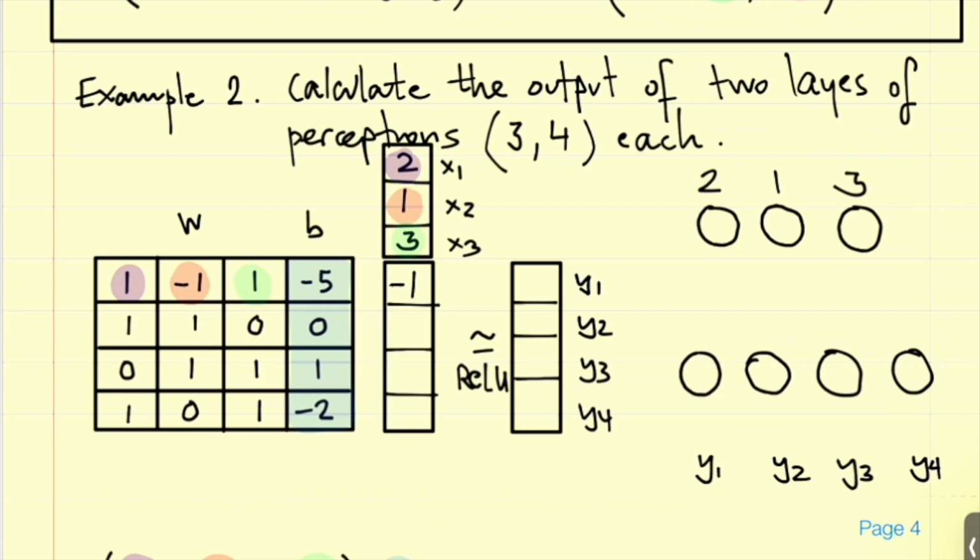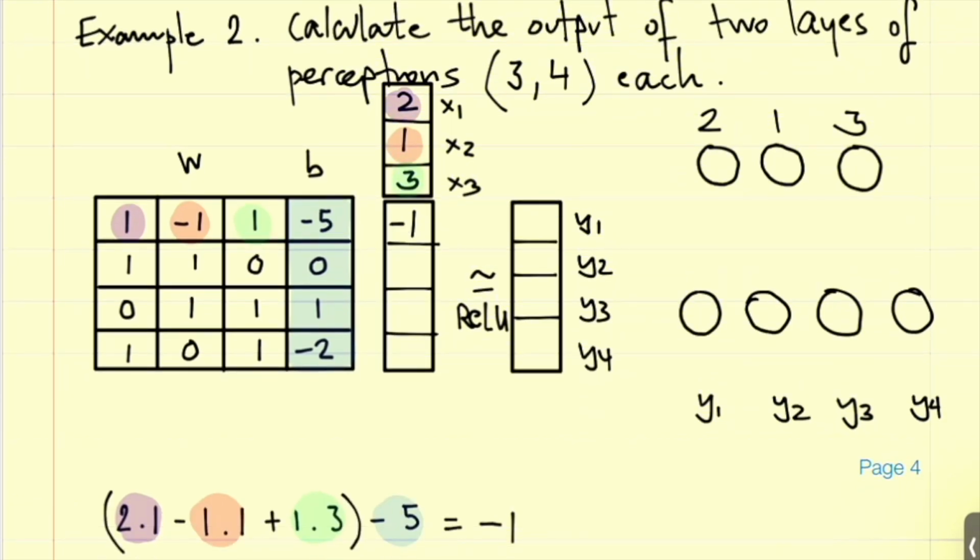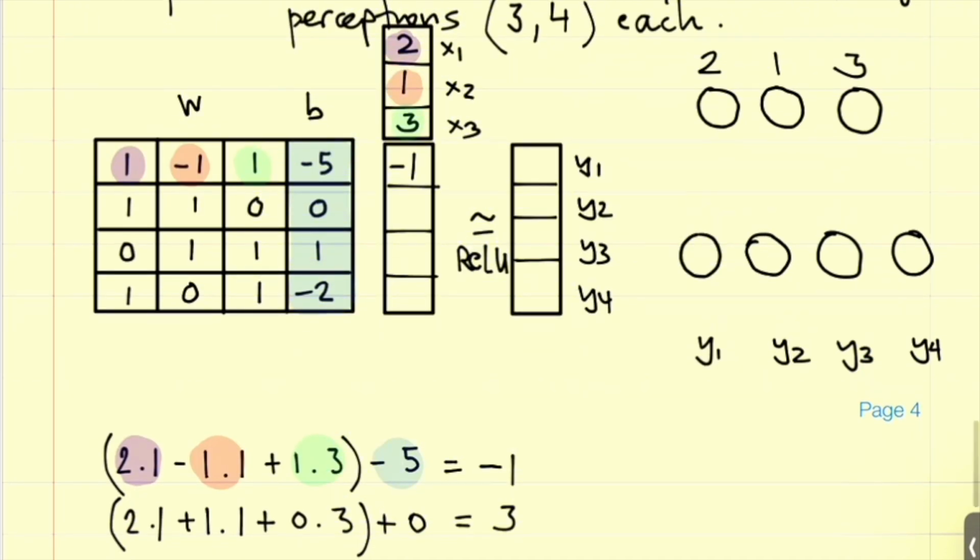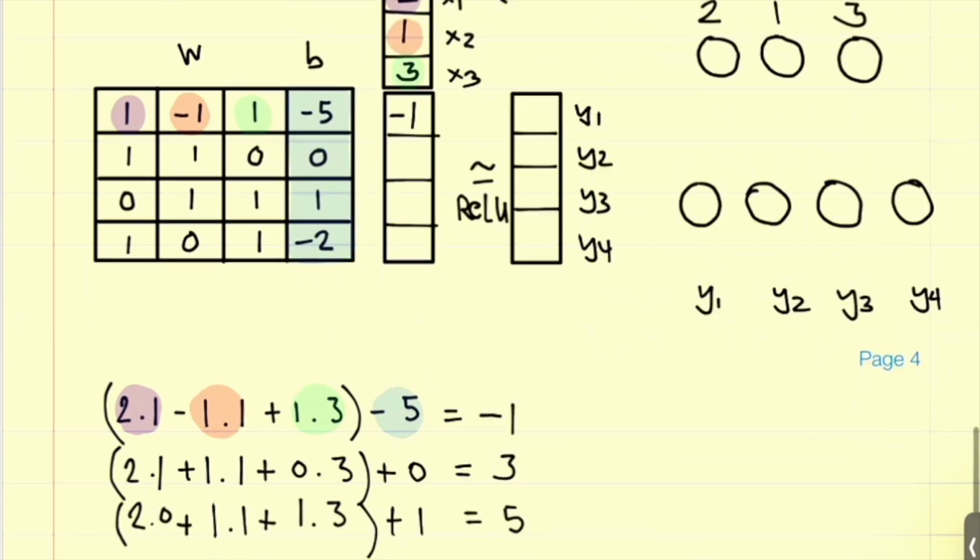If you do the same below, I say 2 times 1 plus 1 times 1 plus 0 times 3 plus 0. That adds up to 3. Then 0 times 2, times 0 plus 1 times 1 plus 1 times 3 plus 1 adds up to 4 plus 1, 5, right?